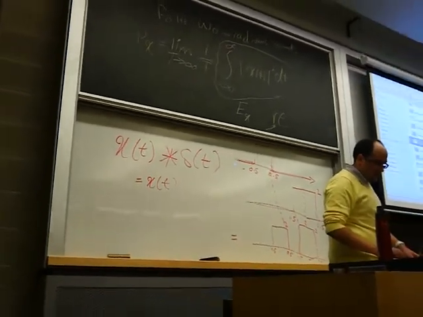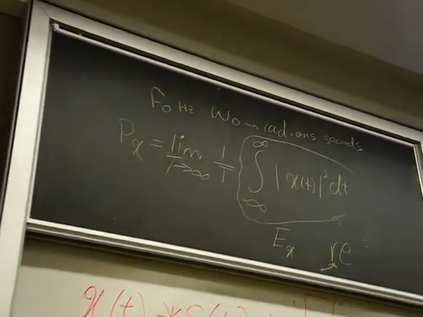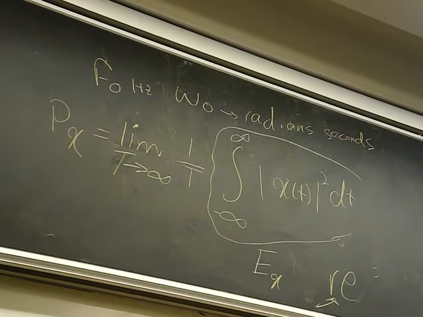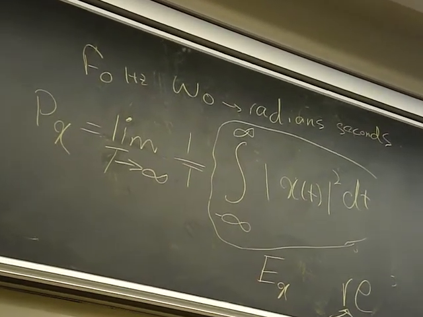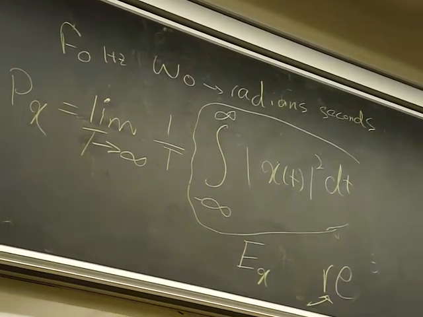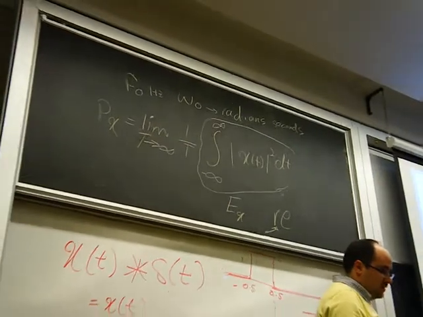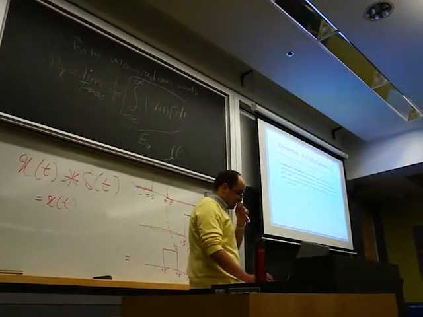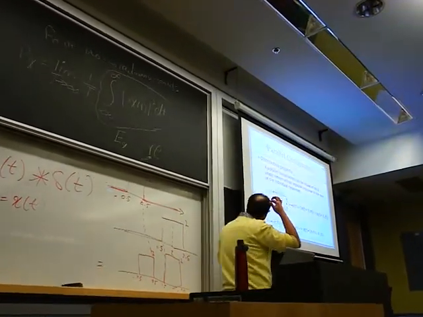Okay, let's see number 11. Number 11 is also important. Again, I want you to understand the general concept. We talked about convolution and its properties, and then these ones are important.